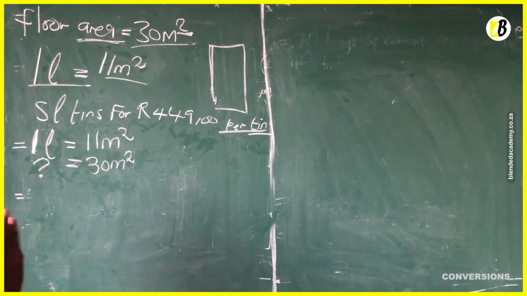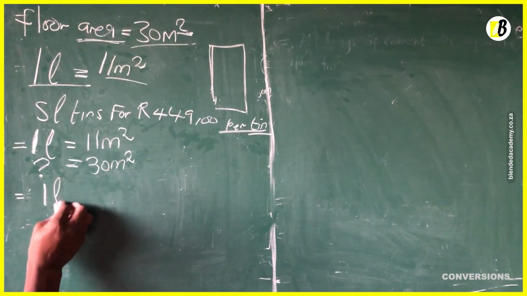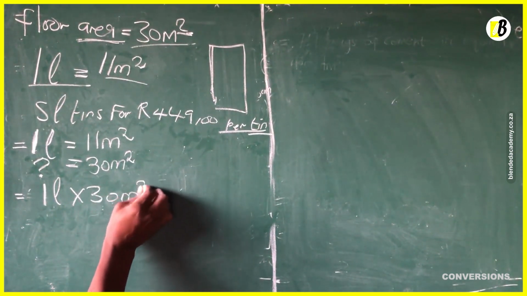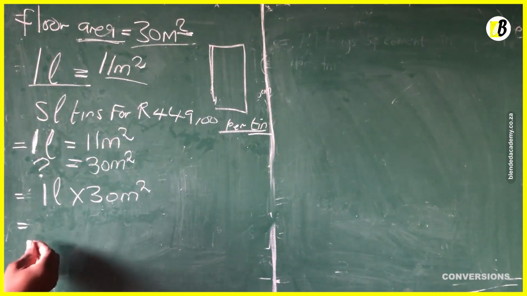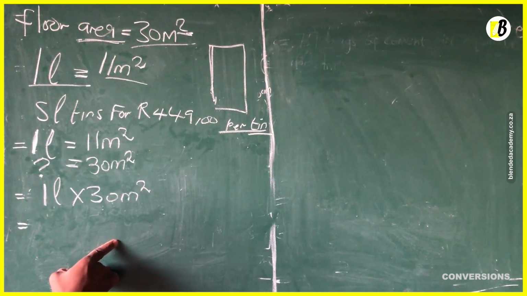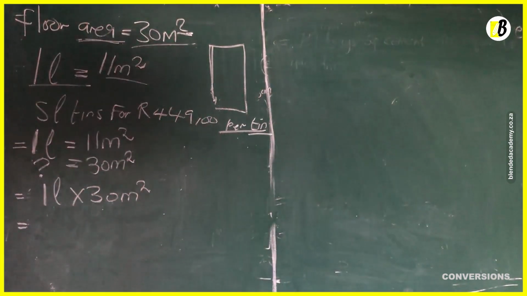We're going to go on with the same approach. So it's going to be 1 liter multiplied by 30 meters squared, and then later on we're going to divide that by 11 meters squared.